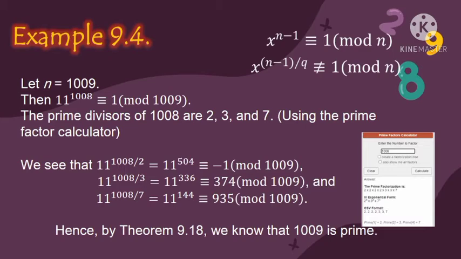Then 11 raised to 1008 divided by 3 is equal to 11 raised to 336, because 1008 divided by 3 is equal to 336. This is congruent to 374 modulo 1009. And 11 raised to 1008 divided by 7 is equal to 11 raised to 144, congruent to 935 modulo 1009.